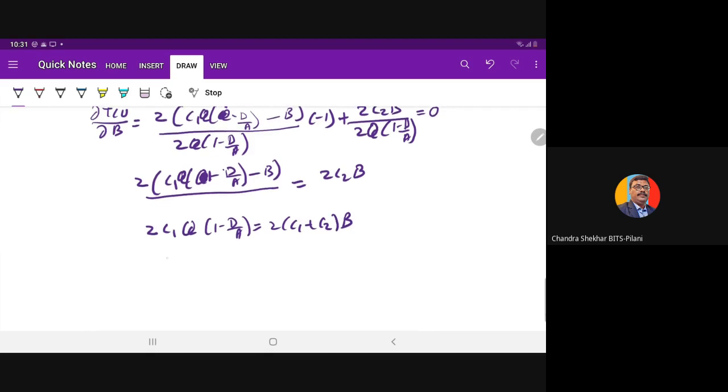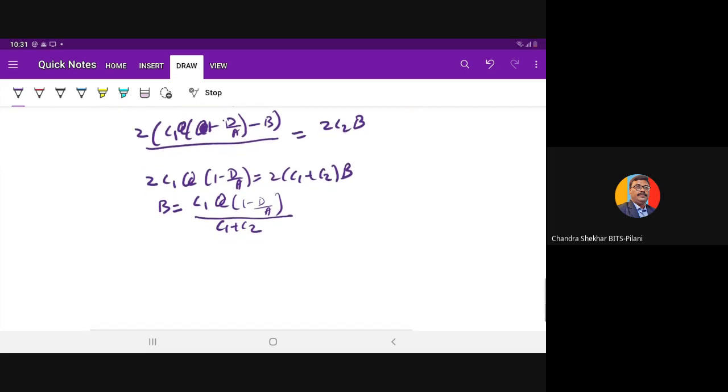So in this case, B will be C1 Q (1 minus D upon A) upon C1 plus C2. Right. So here we have the value of B at which we have the stationary point.